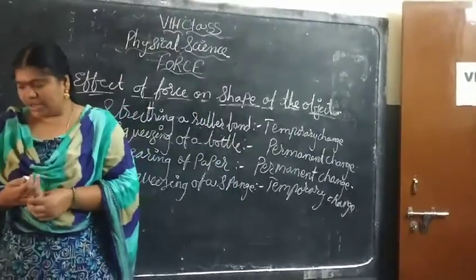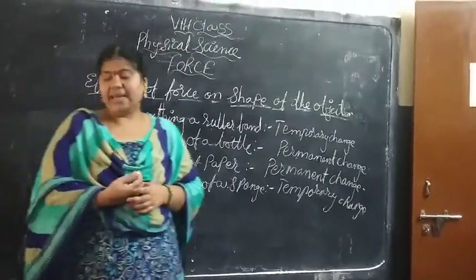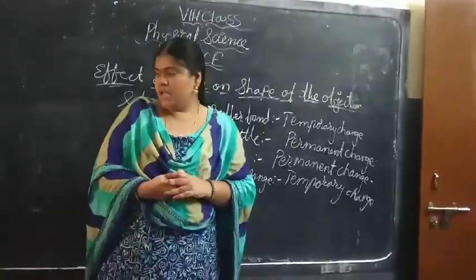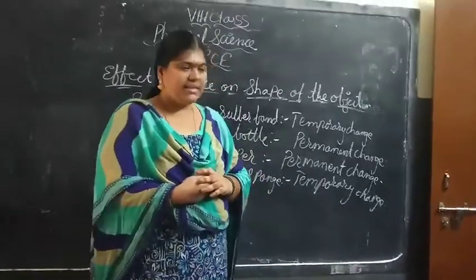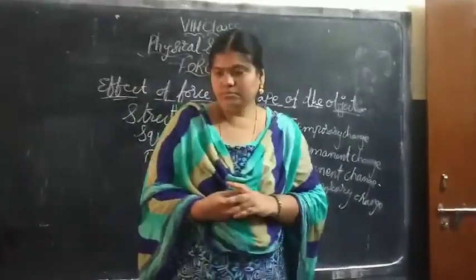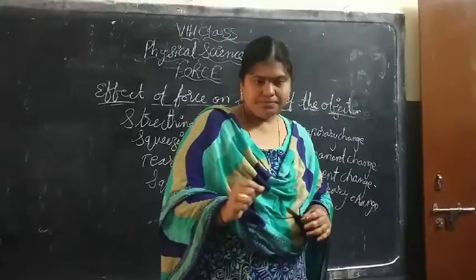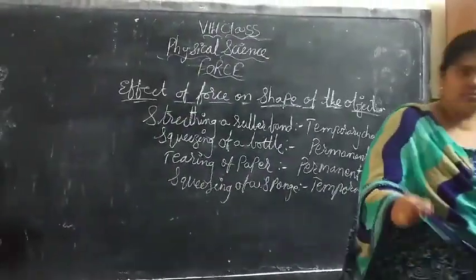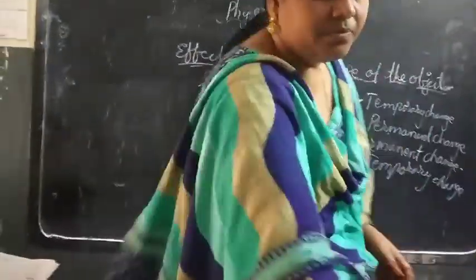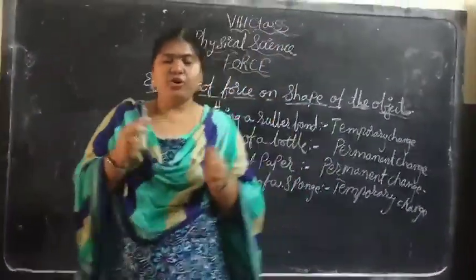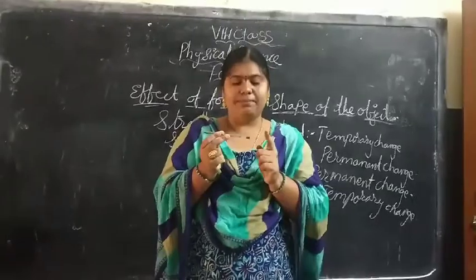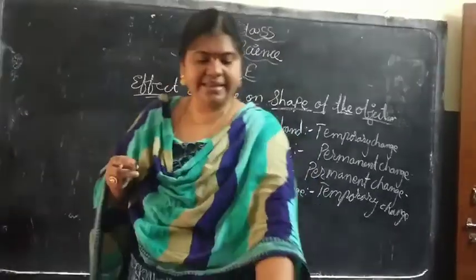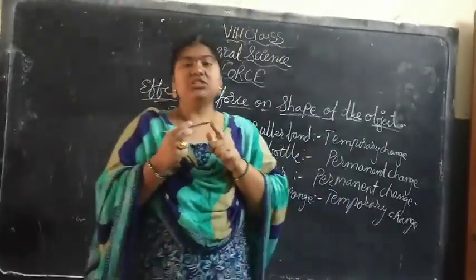Next one is change in effect of force with the area of contact. For example, you can see a pen: you have the blunt side, and the second one, you can see the sharp side.